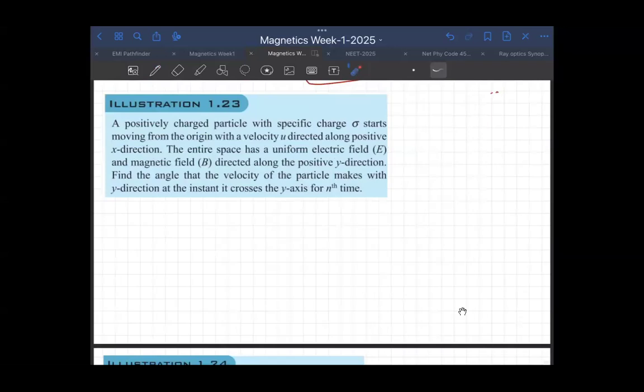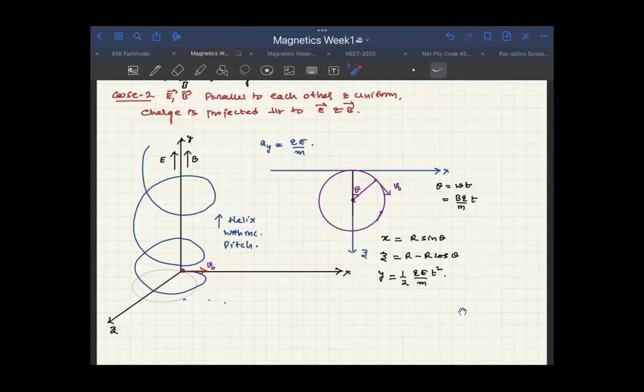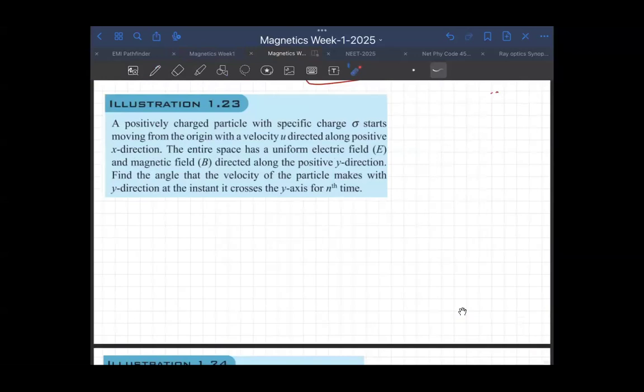Both are directed along positive direction. This is the case which we have discussed here. Remember, both are directed along y-axis, but the particle starts moving from the origin with a velocity u directed along positive x direction.